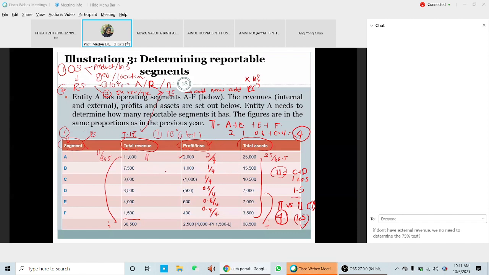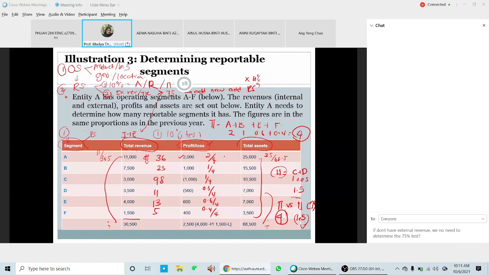So sorry, 11 divided by 30 here is supposed to be, not 11, the other one. I don't have a pencil. It's supposed to be 36 here, and then this one is 23.